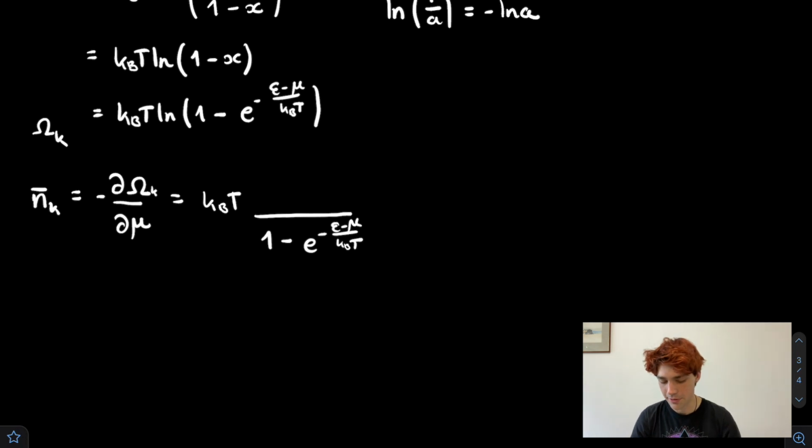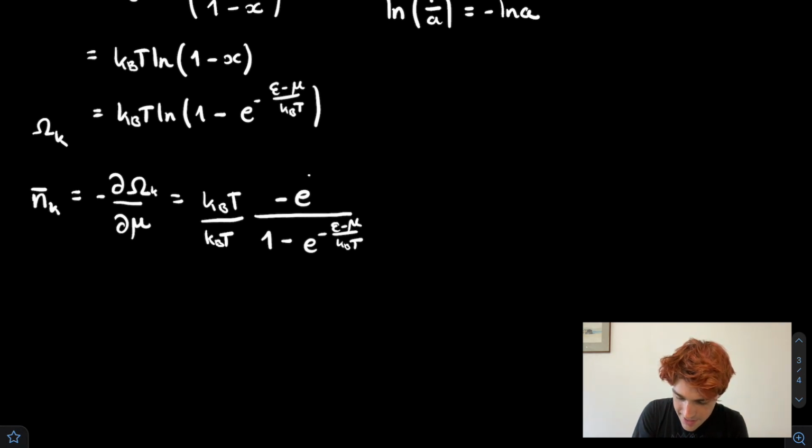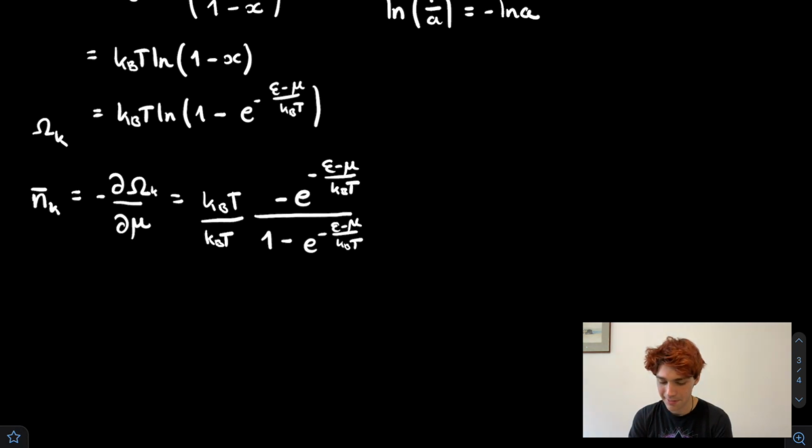So that's no different. And now we're going to multiply by the inside derivative of this. So like we did before, we're going to get a 1 over kBT factor, except this time we're going to have a minus sign there. So there's going to be a minus e to the minus epsilon minus mu over kBT, because of course this time we actually have a minus sign.